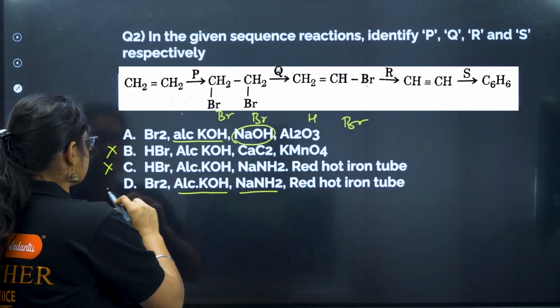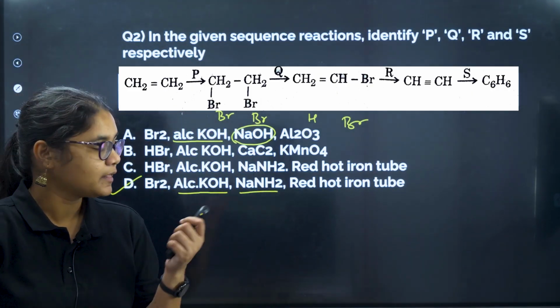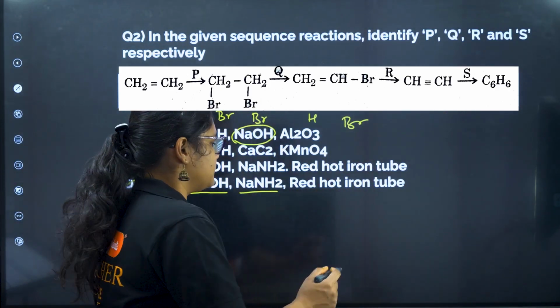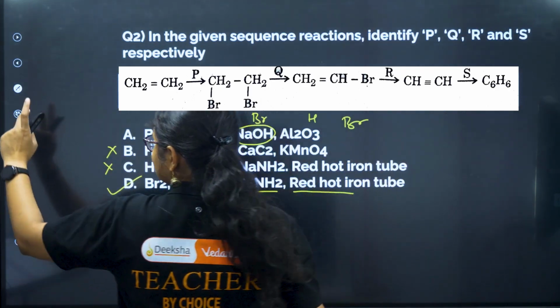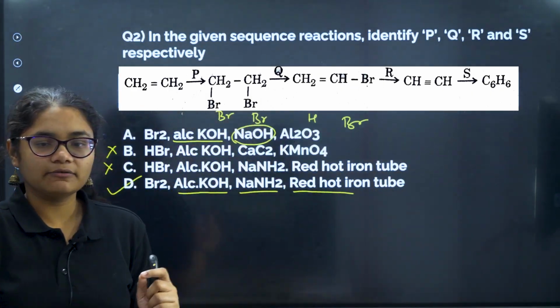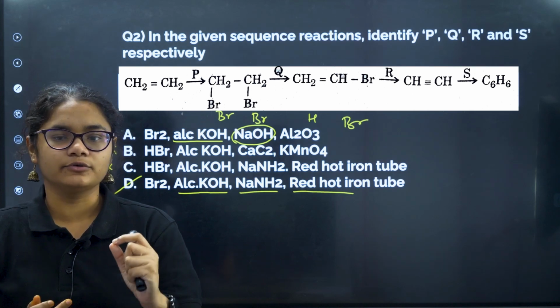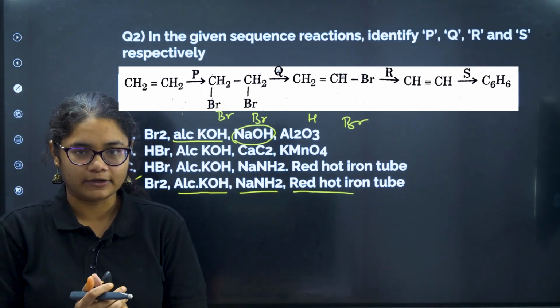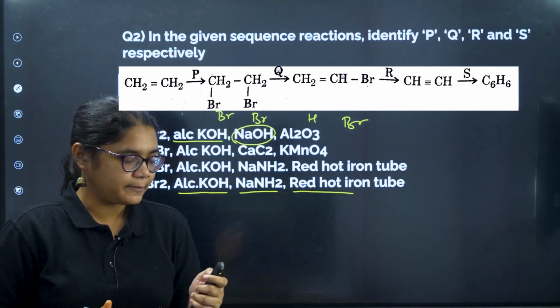So the correct answer for this question will be option number D. After getting this one, we will form a triple bond here, right? So ethyne will form, then for the ethyne we have cyclic polymerization, for that is red hot iron tube. So we will get benzene, okay.